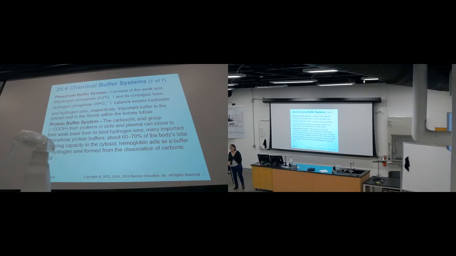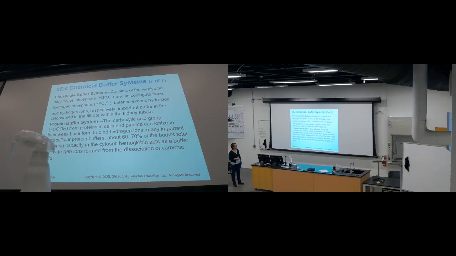And then we have not only this carbonic acid bicarbonate buffer system in our body, but we also have the phosphate buffer system. The phosphate buffer system has a weak acid, dihydrogen phosphate, and its conjugate base, hydrogen phosphate. The difference is that you have 2 hydrogen ions here, and here you only have 1 hydrogen ion.